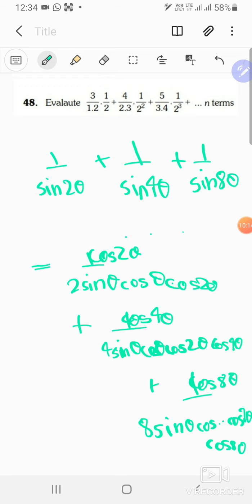So 2 cosine of theta, that won't work. All right, so what can we do? 2 cosine square over there. Fine, it's not working. It's just not working. So maybe cos square minus sine square. Yeah. So cosine theta.